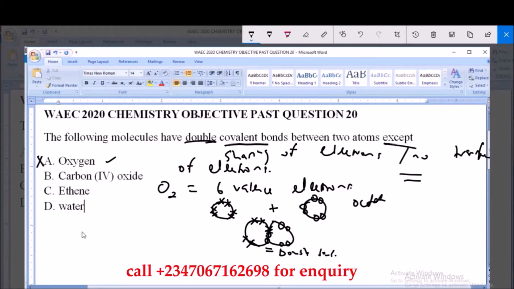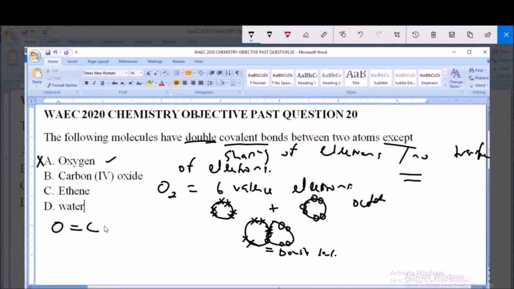possess double bond. Now, option B, which is carbon 4 oxide, is something like this. You have one carbon atom combining with 2 oxygen atoms. So of course each oxygen atom will have 6 valence electrons, and the carbon atom has 4 valence electrons. So the structure that will be formed looks something like this.